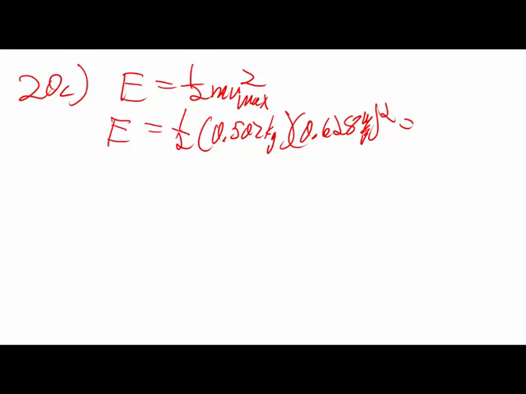And I get 0.0999. In other words, it would be 0.1 joules, wouldn't it? Yeah, 0.1 joules. All right, and that's what you should get for part C. Okay, I hope this has been helpful.